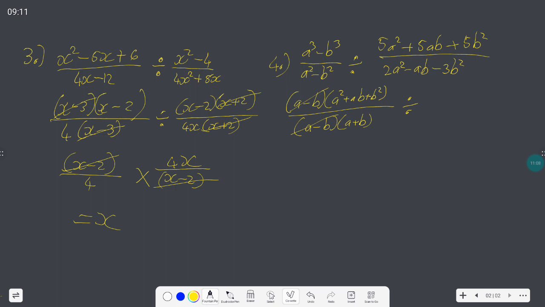What can I take out commonly at the top? 5 only. I'm left with a squared plus ab plus b squared. Divide by, what can I take out at the bottom, or can I factorize the bottom part? Can I? Oh, it's not already factorized.